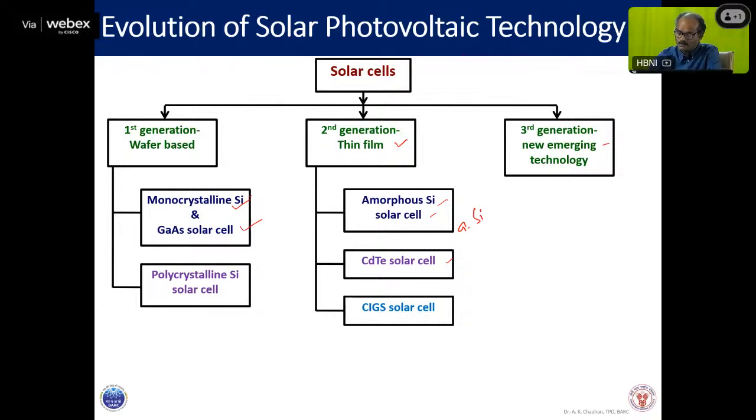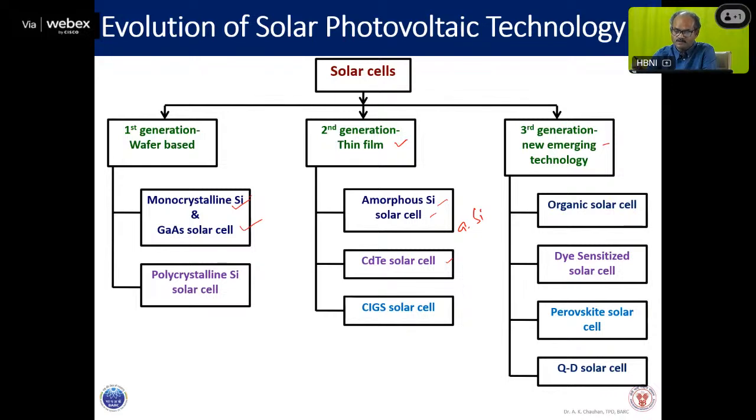Then we have the third generation solar cells. Mostly these solar cells are not commercialized at the large scale. A lot of research is going on at several places worldwide.